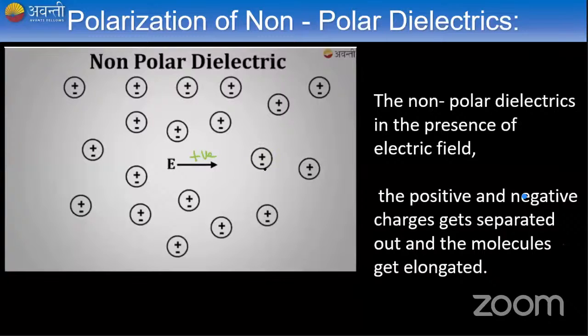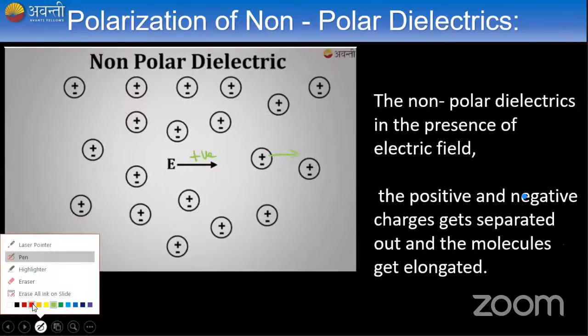All the positive charges in the dipole, what type of force will they experience, attractive or repulsive? Yes, in the presence of a positive electric field, all the positive charges present will experience a repulsive force.